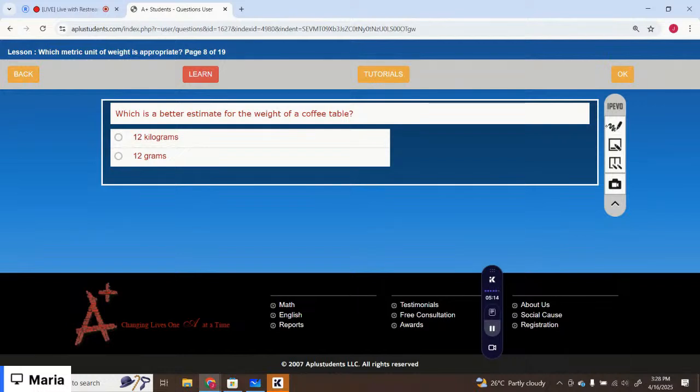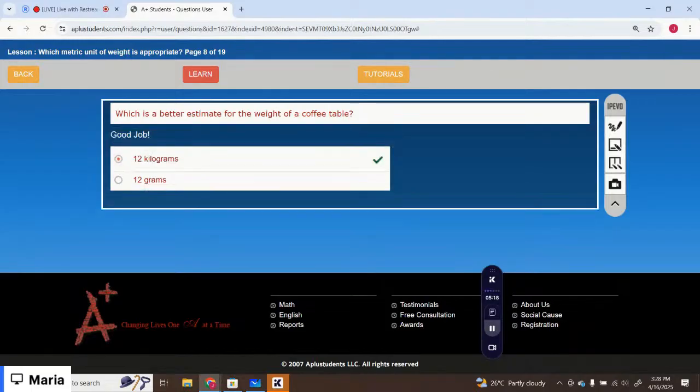That is very good, 12 kilograms. The table there, so it must be 12 kilograms.